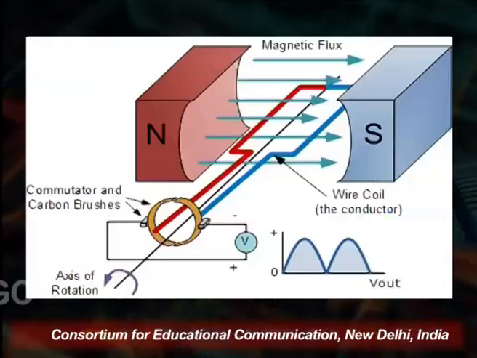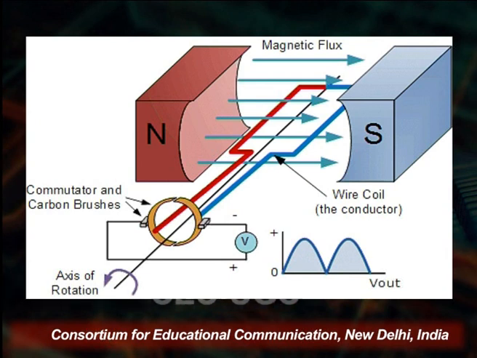So, the direction of the current in the armature will be alternating, but with the split ring commutator, the connections of the armature conductors get reversed when the current reversal occurs. Therefore, we get unidirectional current at the terminal. You see here on the screen how we rotate it.